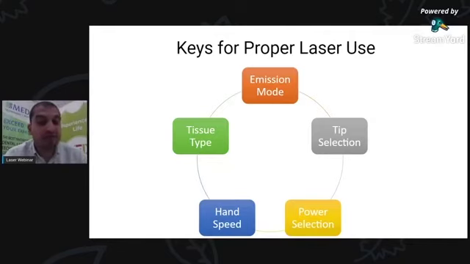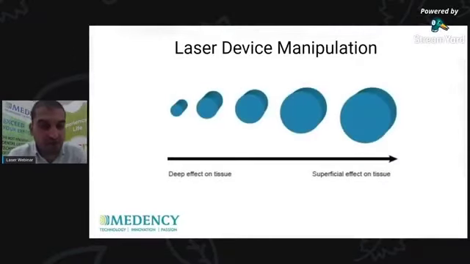As we discussed in the first slide, we have 3 tips we can select from on the device: the 200 micrometer, the 300 micrometer, and the 400 micrometer. Let me show you the difference. The smaller the diameter of the tip, the deeper the effect goes into the tissue. I mean, if we use a small tip diameter, the depth of the power goes much more.